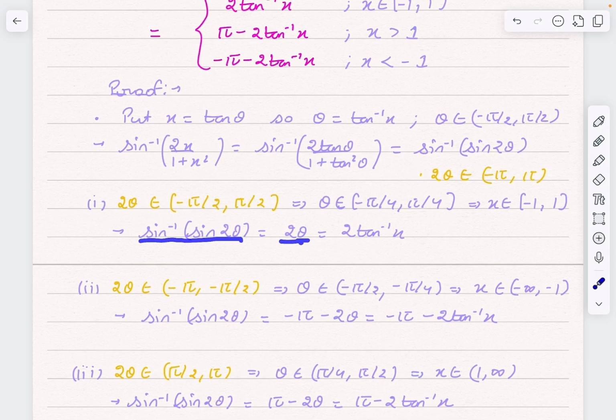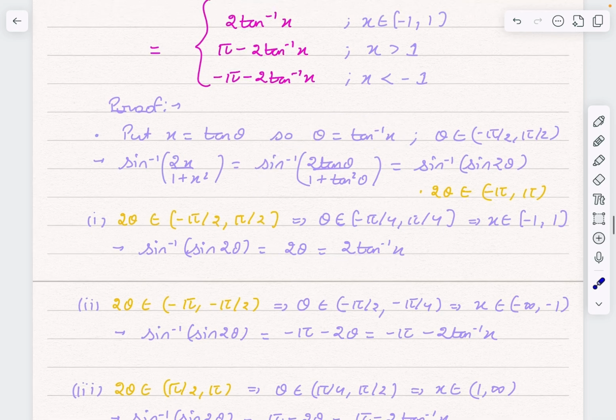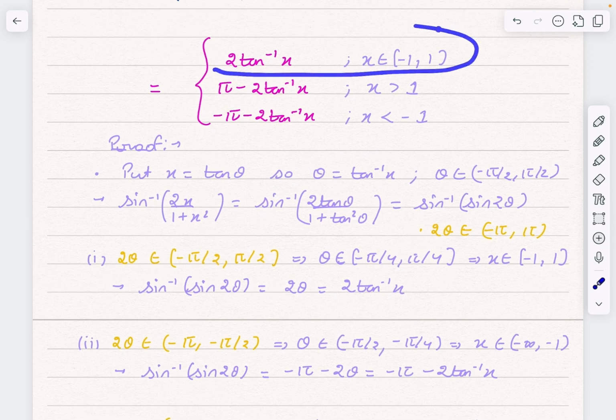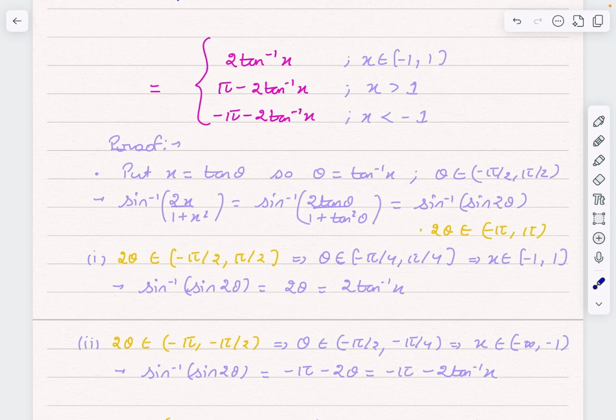Like we discussed, if x lies in the range, we can cancel out sine and sine inverse. So we just get 2 theta because 2 theta lies in the range of sine inverse. And theta, as we discussed, was tan inverse x. So 2 theta will be 2 tan inverse x. This is how we get the first case, that it will be 2 tan inverse x when x belongs to minus 1 to 1. I hope it is clear, guys.